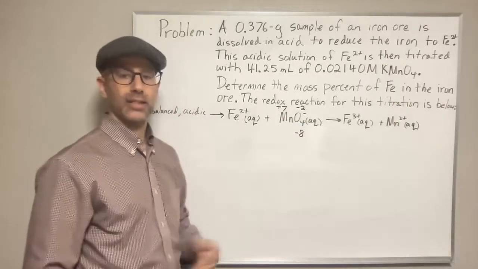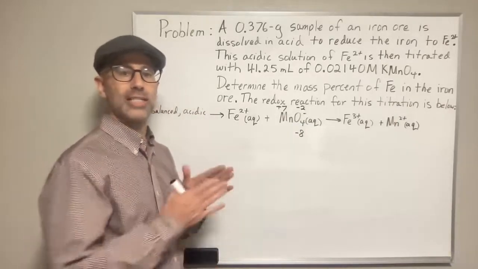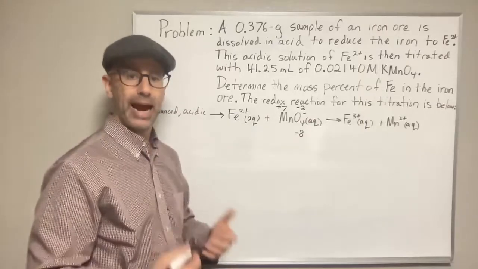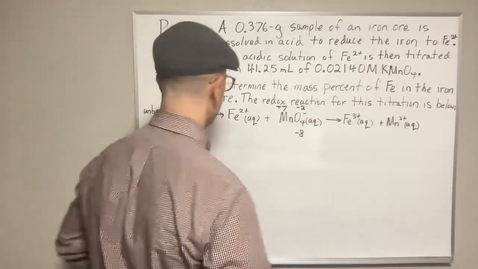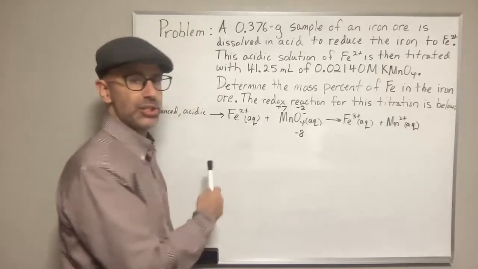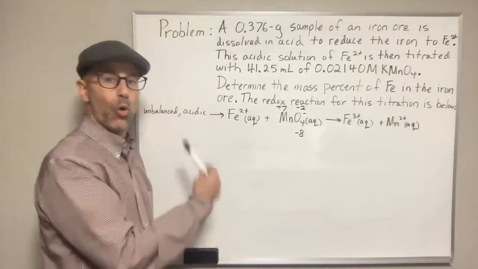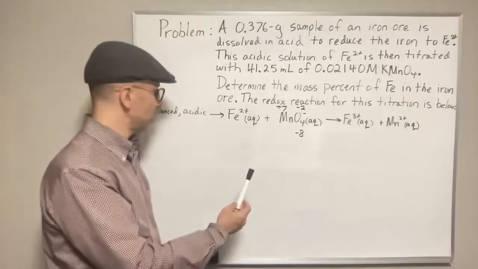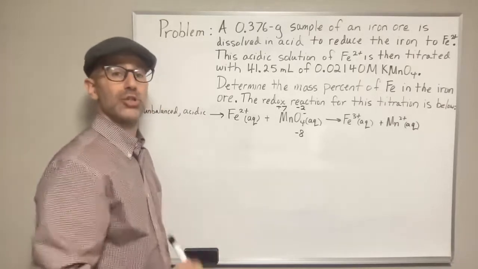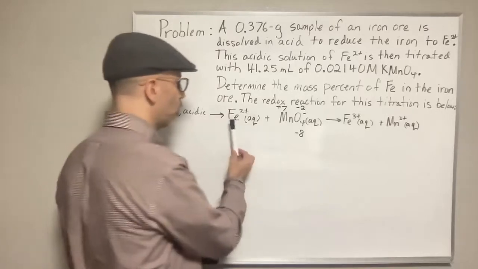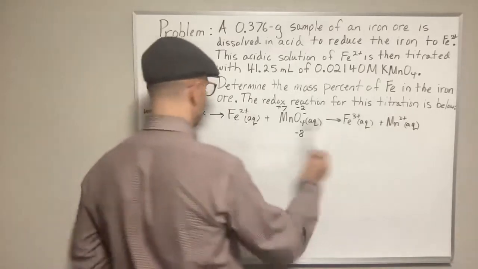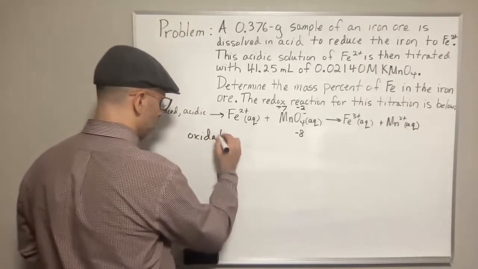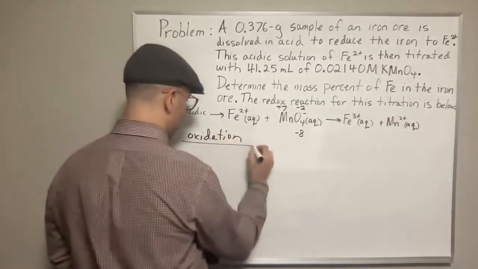Once we have that done, the next thing is to separate this into its oxidation and reduction half reactions. Oxidation is loss of electrons, OIL RIG. When you lose electrons, you become more positive, so we look for the ones becoming more positive. This will be my oxidation.